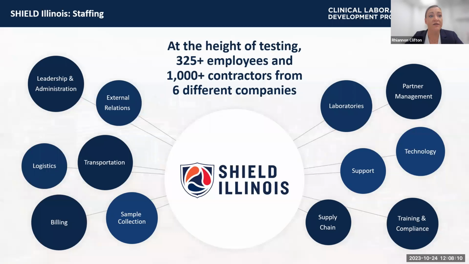So at the height of testing, we had over 325 internal employees and well over 1,000 contractors from 6 different companies in our testing locations. We needed to staff all of these areas very, very quickly across an entire state with different skill sets involved. So we were spinning up entire departments on a dime as the virus surge and demand soared.